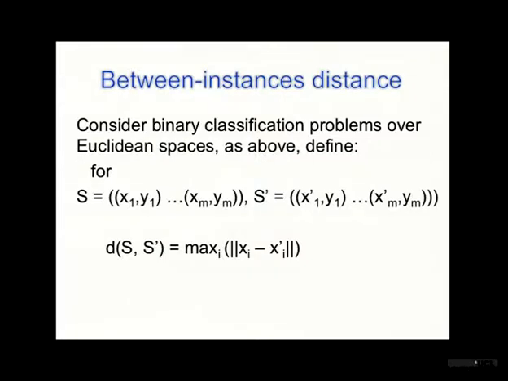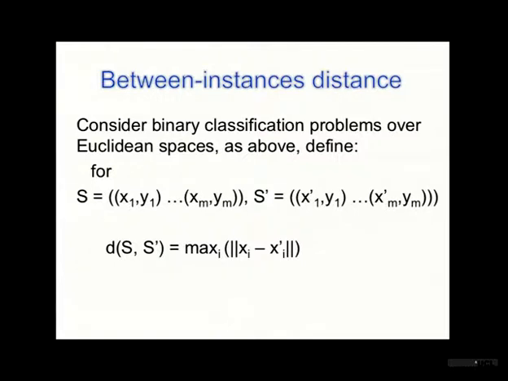Instances of my problems are such labeled samples. So I define the distance between two instances as the maximum Euclidean distance between the corresponding points. So I assume that I look at the best match between the samples here and the sample here.